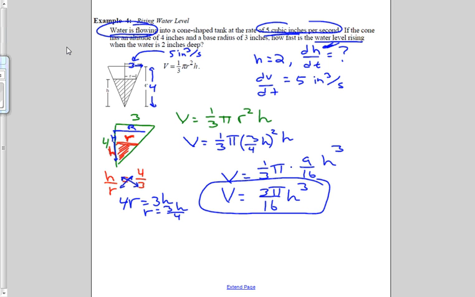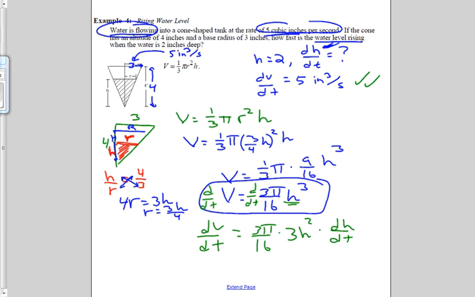So let's take the derivative with respect to time of both sides. And we get that dv dt, and that's a known, equals 3 pi over 16, that's a constant, it can go out in front, times 3h squared, power rule, and then using the chain rule, we have to take the derivative of the inside, so times dh dt, and that's what we're looking for.